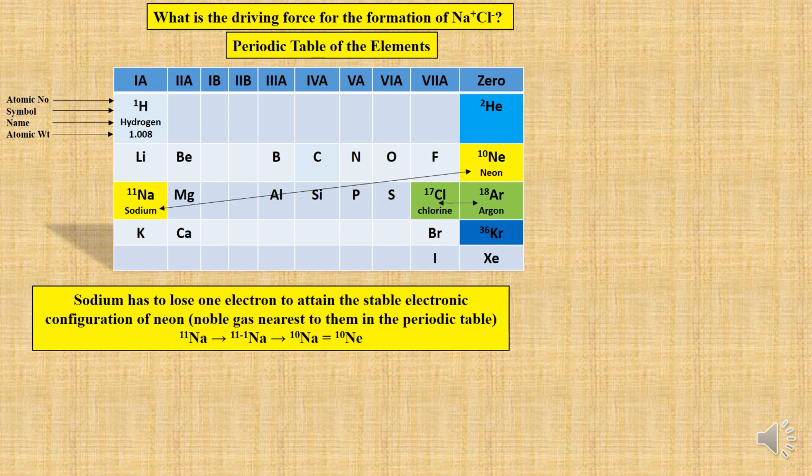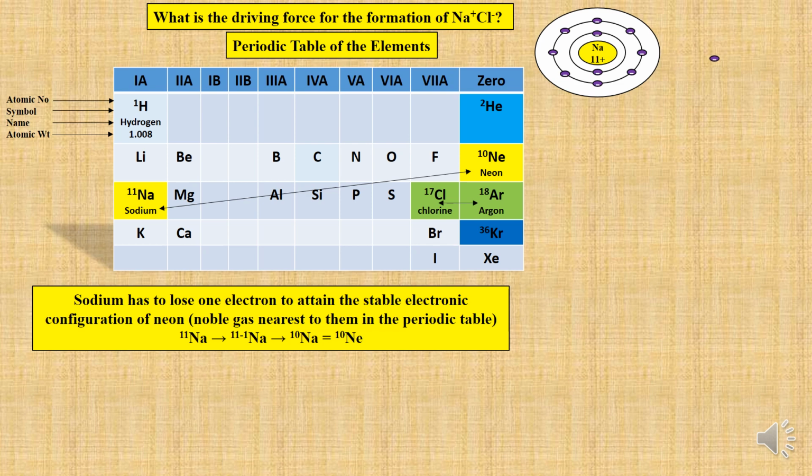So the only possibility left for sodium is that it can easily lose its only one valence electron, and by doing that it can attain the electron configuration of neon, which is the nearest noble gas. Let's see in the animation.